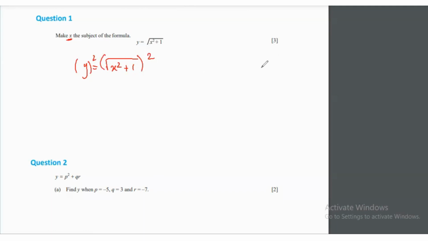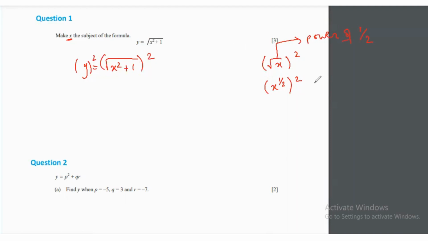If you remember the rules of indices, for example, if we have the square root of x being squared, the square root basically represents the power of 1 over 2, which means if we rewrite this, it becomes x to the power of 1 over 2, whole squared.